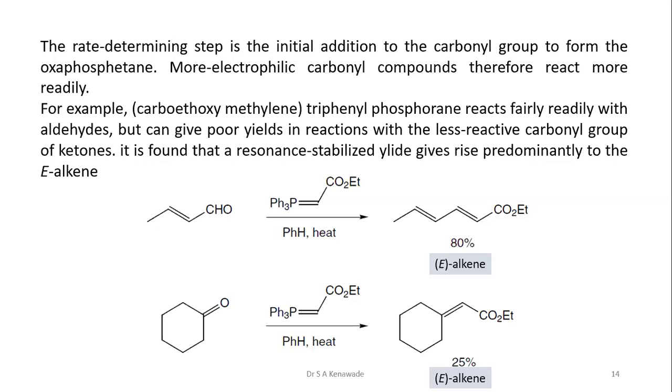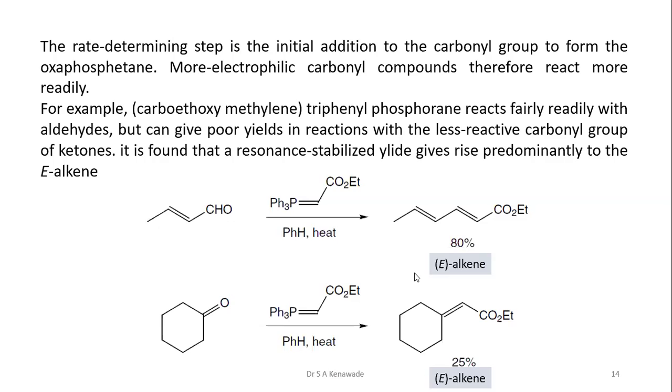In the explanation, at the rate determining step, the initial addition to the carbonyl group forms the oxaphosphetane. The more electrophilic carbon compound reacts more readily.